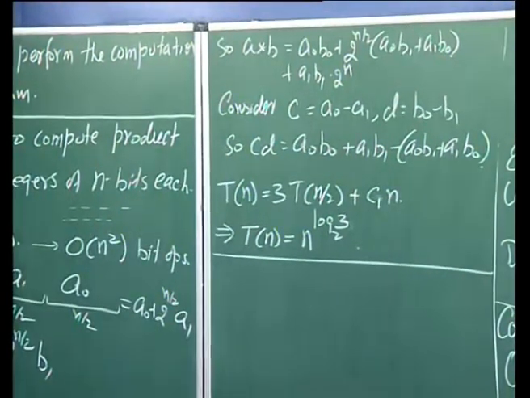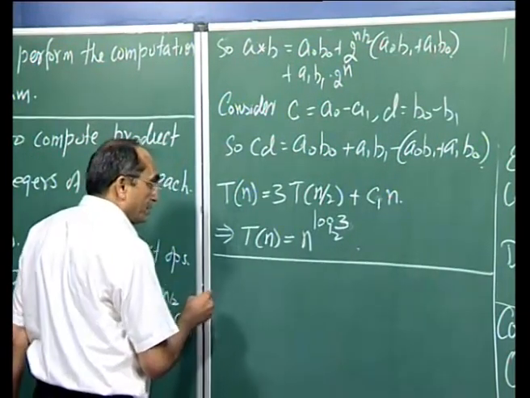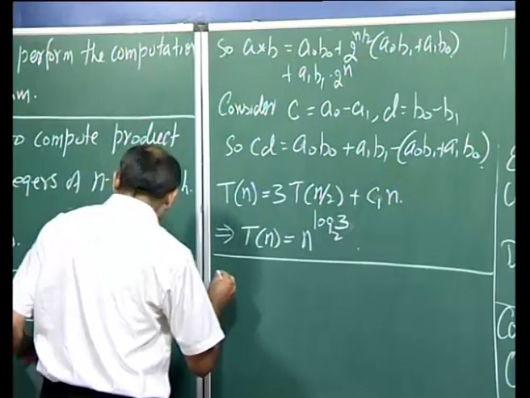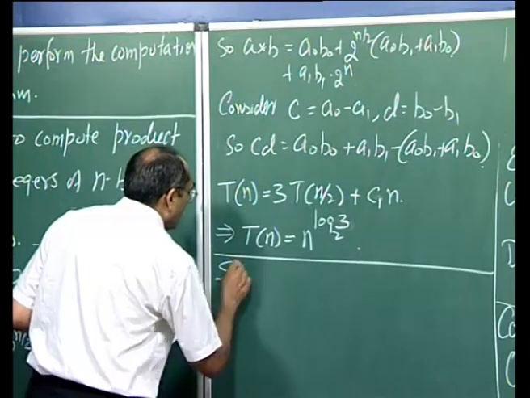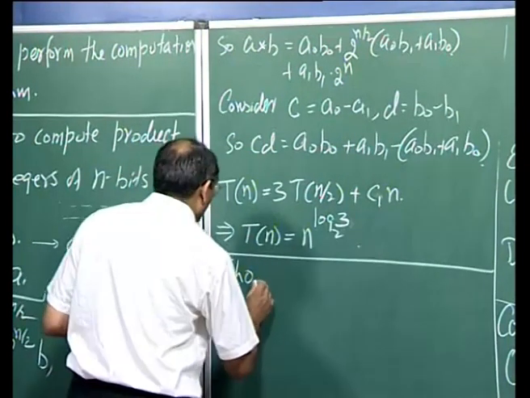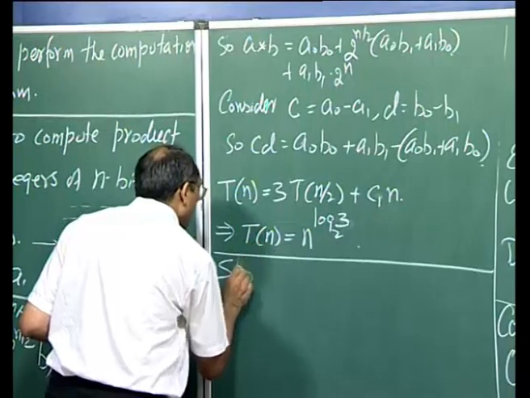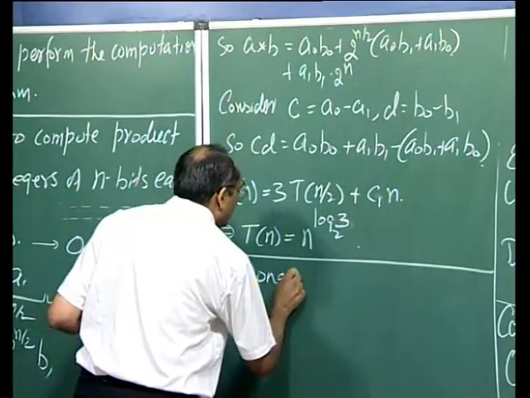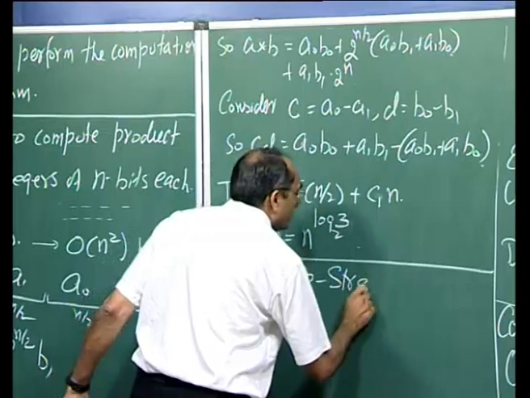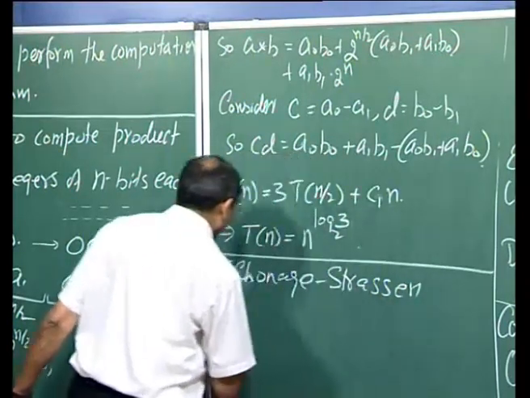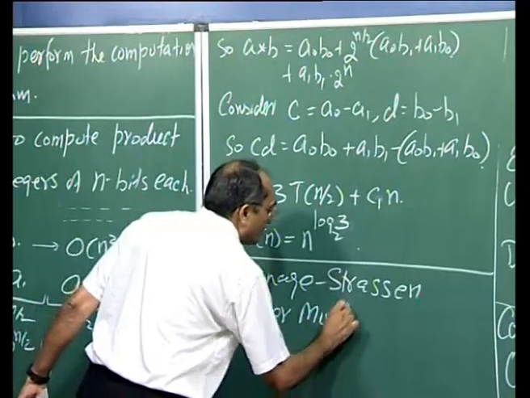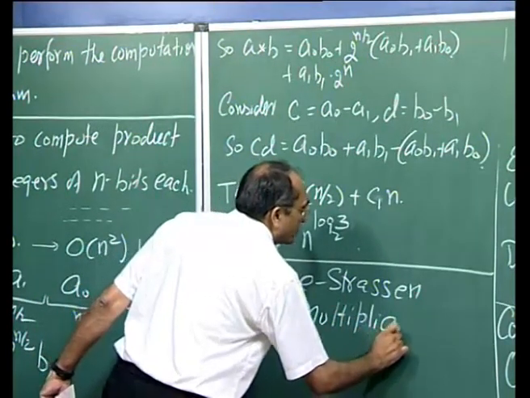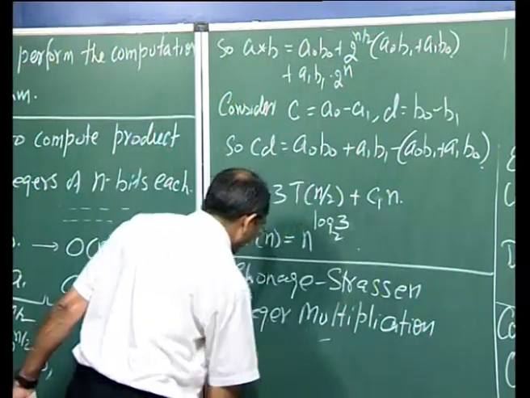And now we are going to discuss, in this and the next lecture, something called the Schonhage-Strassen integer multiplication algorithm.